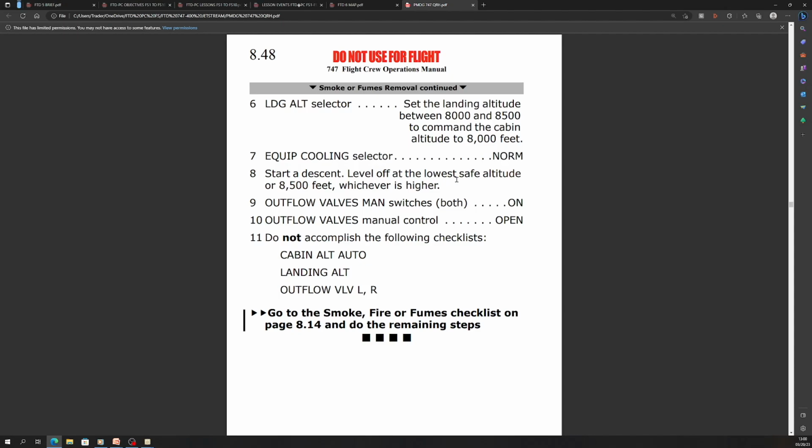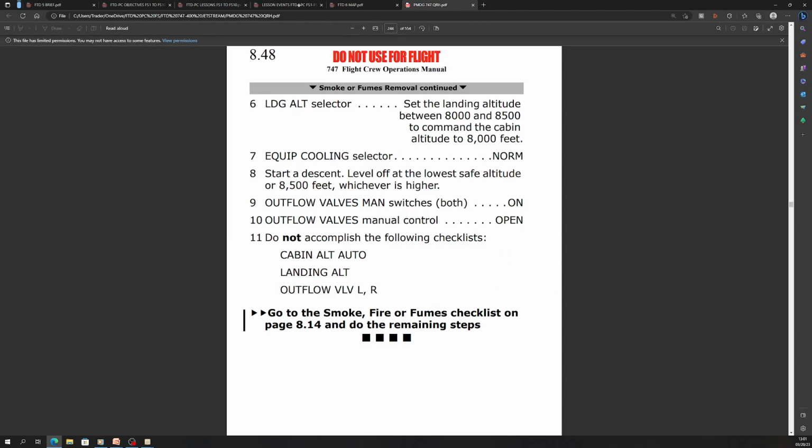Start a descent, level off at the lowest safe altitude or 8,500 feet, whichever is higher. Once you're down, outflow valves both on, go to manual, and then outflow valve manual control, open the outflow valves. So you're completely depressurized now. And then do not accomplish the following checklist: cabin altitude auto, landing altitude, outflow valve left and right, and then you're landing, obviously.